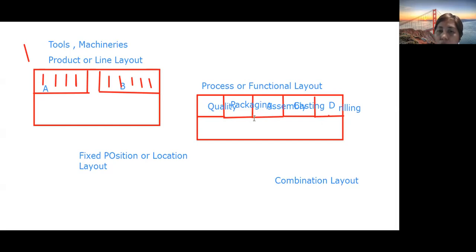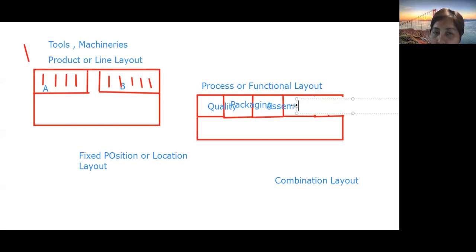Like for example, in tools and machineries, what is common to them is, of course, there is drilling to be done. So inside this room, it's just for drilling: drilling for tools, drilling for machineries.